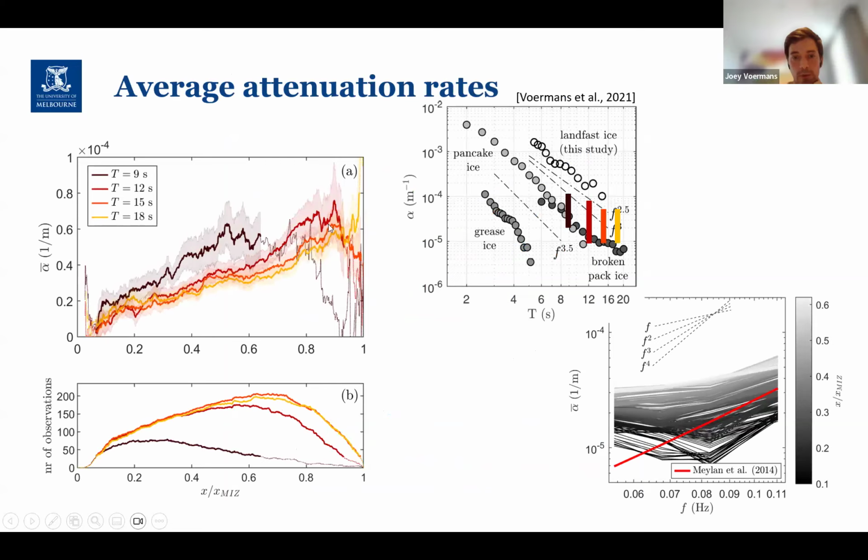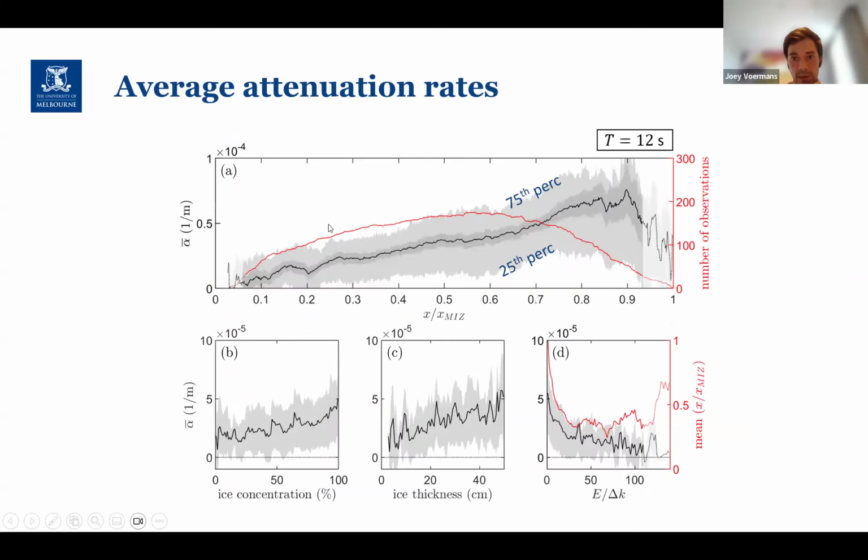Yes. What I think is happening is we're getting very close to the edge of the marginal ice zone, and the marginal ice zone was identified as where the wave-dominated regime goes into a sea ice-dominated regime. So the noise introduced by sea ice gets larger and larger the closer we get to the edge. Technically, if we're really going from one regime into the other, they're probably going to be the same.